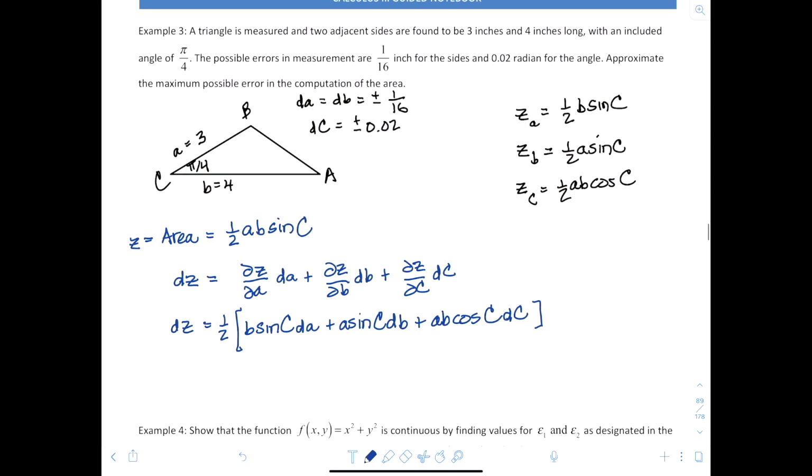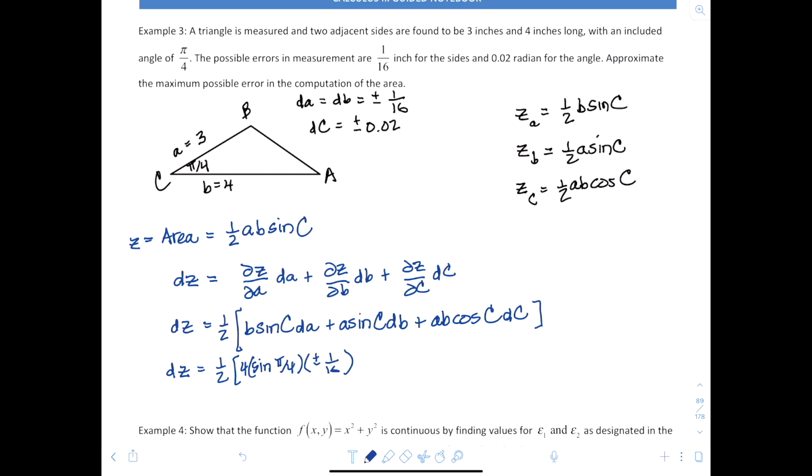Cool so far? Okay, so then dz, plugging in the values that we know, will be 1/2 times, b was what, 4? So we'd have 4 times sine pi over 4 times dA, which will be plus or minus 1/16.